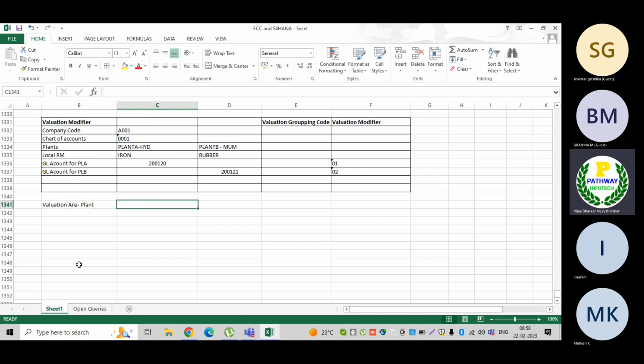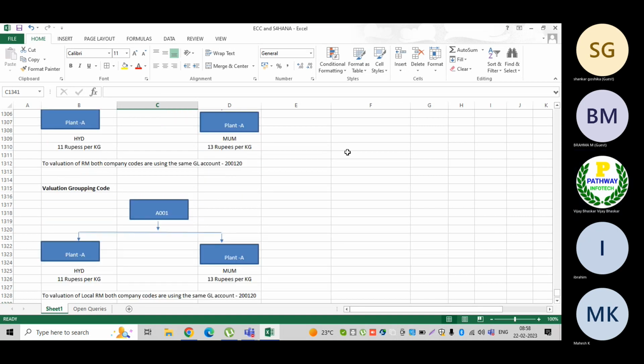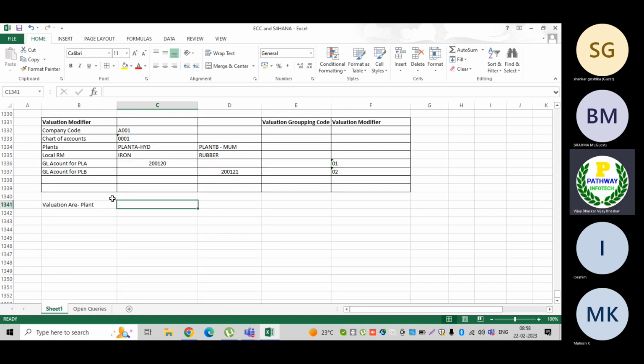The plant level valuation can be done. I have already explained this in detail. What is the chart of accounts? What is your chart of accounts? What is the company code? Then valuation.